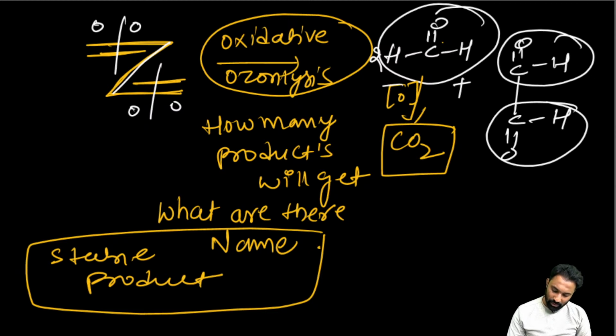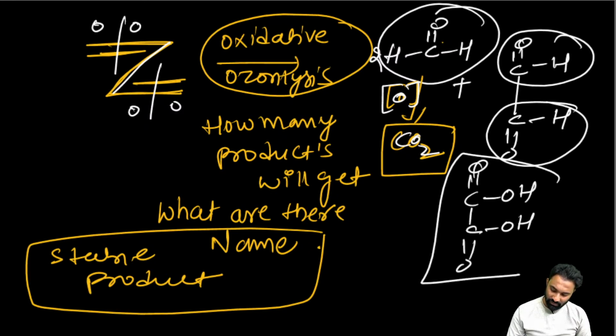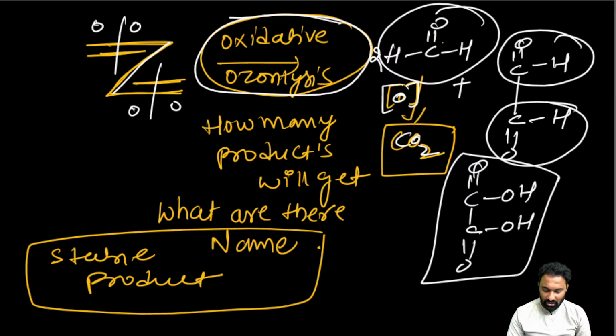Formaldehyde upon oxidative ozonolysis will convert into CO2, and this aldehyde will be converted into the carboxylic acid, which we call oxalic acid. You have to be very careful whenever oxidative ozonolysis is given.